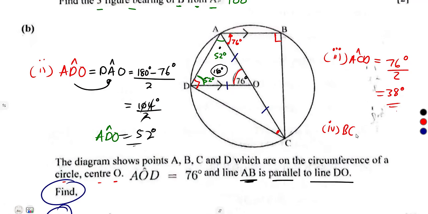And another one, BCA. So angle BCA is equal to what? That's B to C to A, this angle here. If we are to consider BCA, we are talking about angles in a triangle, which add up to 180 degrees. But as we have got the 90 degrees here at B, angle A and angle C are supposed to add up to 90 degrees.